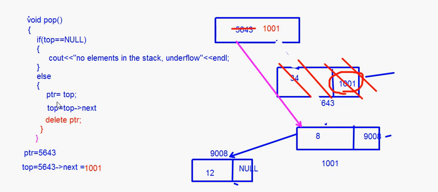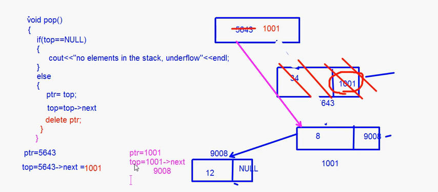You will come to the else part. PTR is equal to top. Now see what will happen. What is PTR? PTR is equal to 1001 now, right? And I say top is equal to top next means top becomes equal to 1001's next. So 1001's next is 9008.